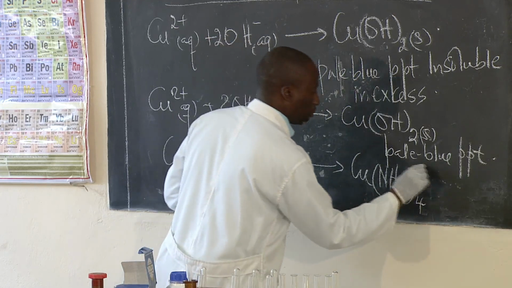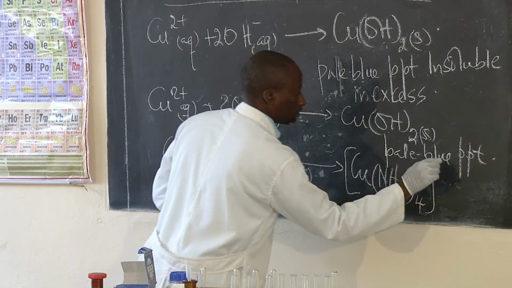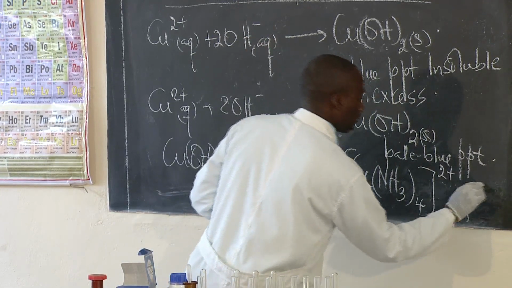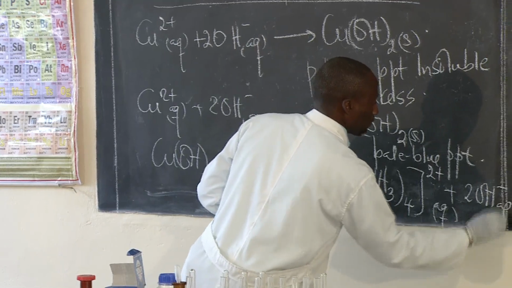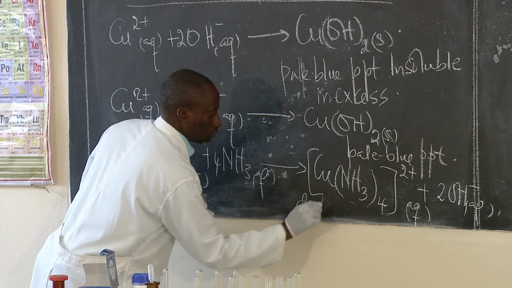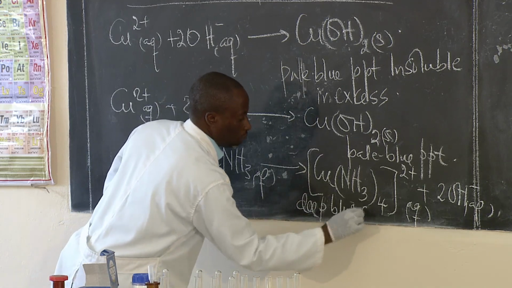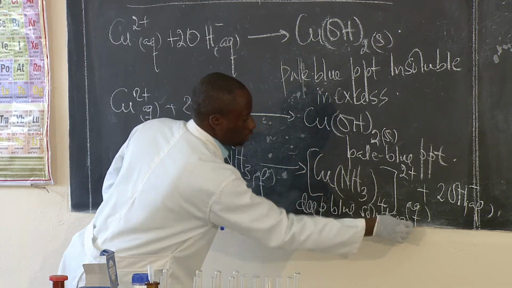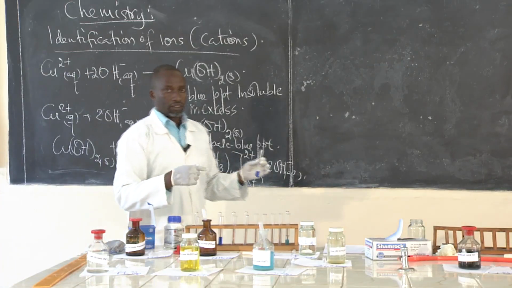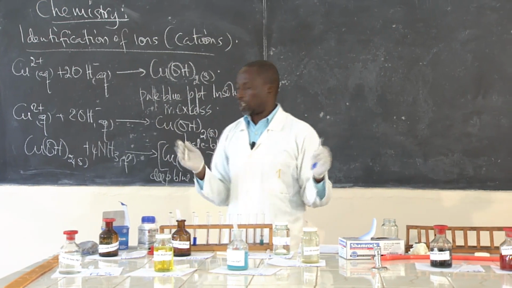This forms a complex ion. So this is the deep blue solution. So as we add more excess ammonia, there is what we call ligand exchange.